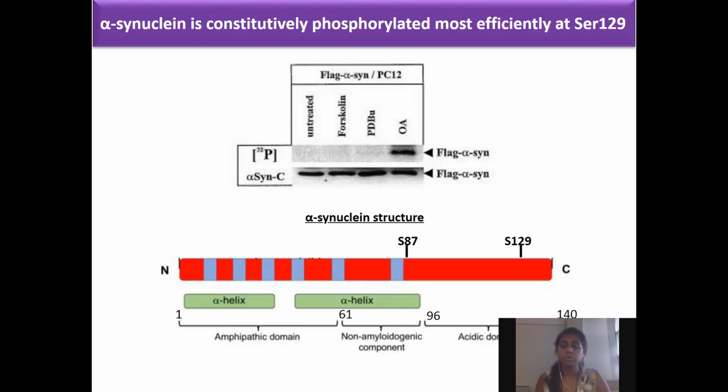So now that we know that α-Synuclein phosphorylation is constitutive and it exists in normal brain, where is it localized? We know that in disease states, both α-Synuclein and phosphorylated synuclein accumulate in Lewy bodies. What happens in normal brains?